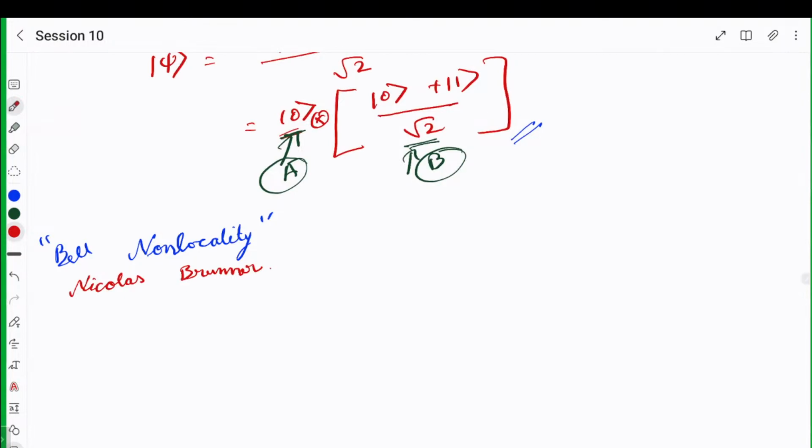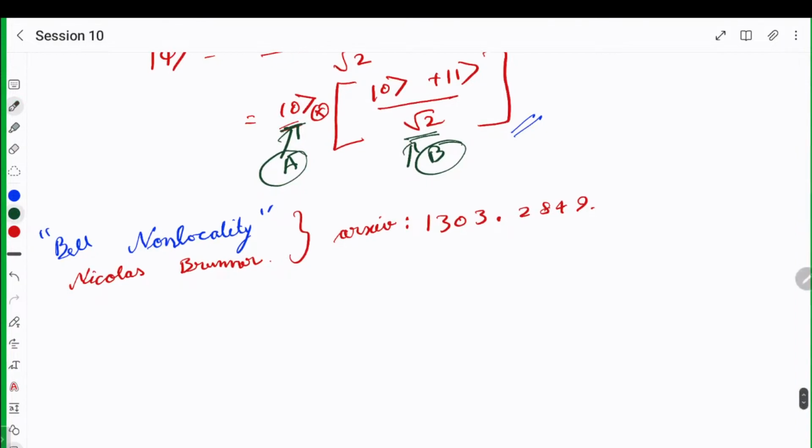So this is one reference that you can look at. Let me also give you the arXiv number of this paper: 1303.2849. So this is something you can look at for non-locality. Also, there's a video on YouTube which helped me learn about non-locality better.